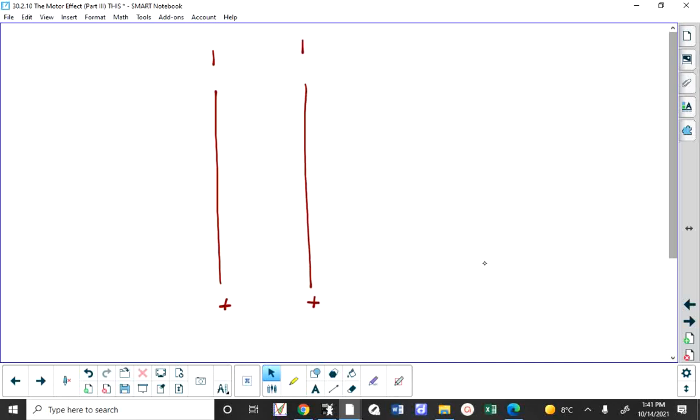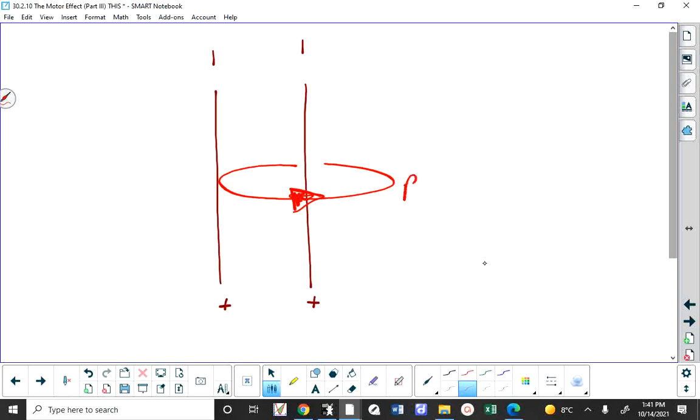And what it's going to look like, I'm going to draw this in a very judicious way, is it will look like this. Correct? Okay. So this is the magnetic field associated with wire 2.